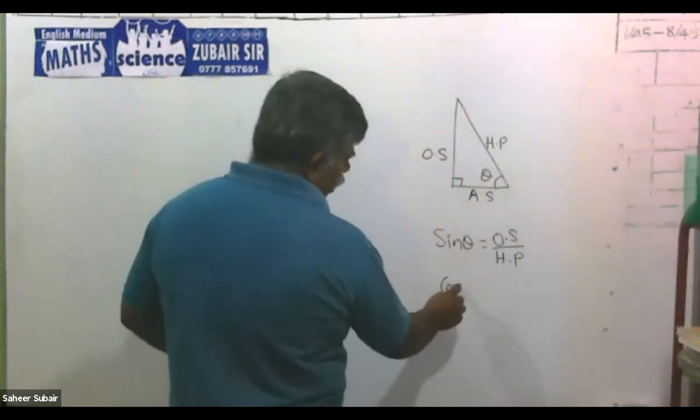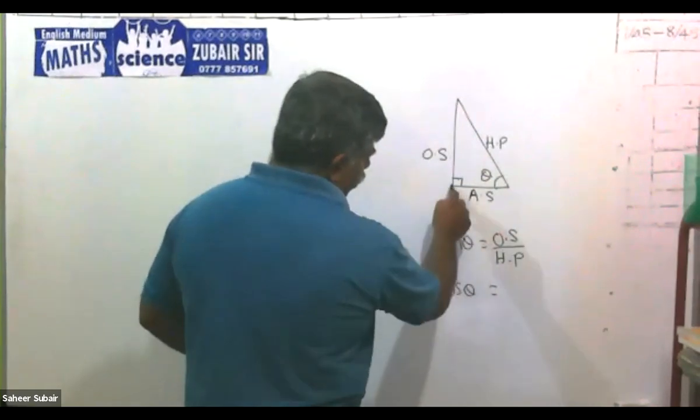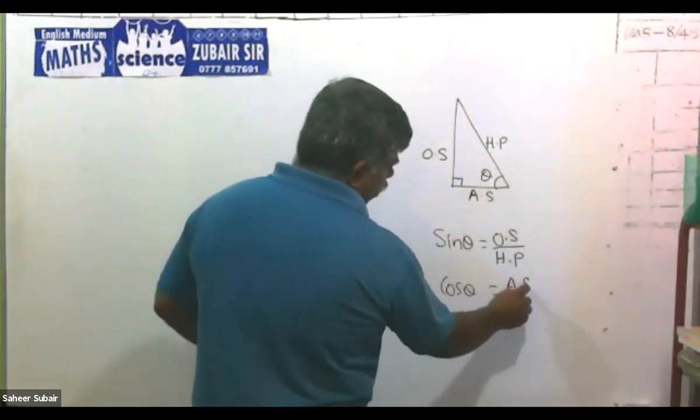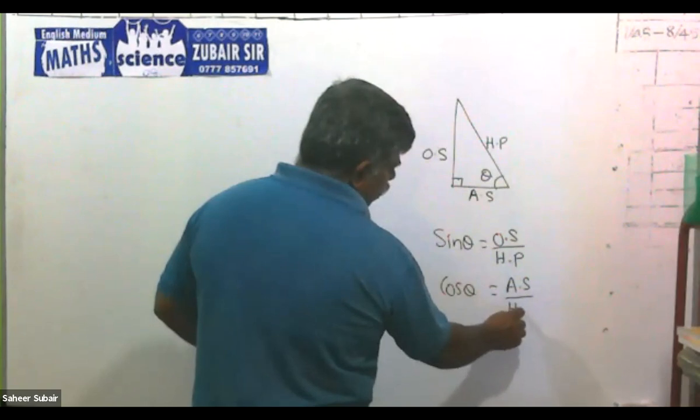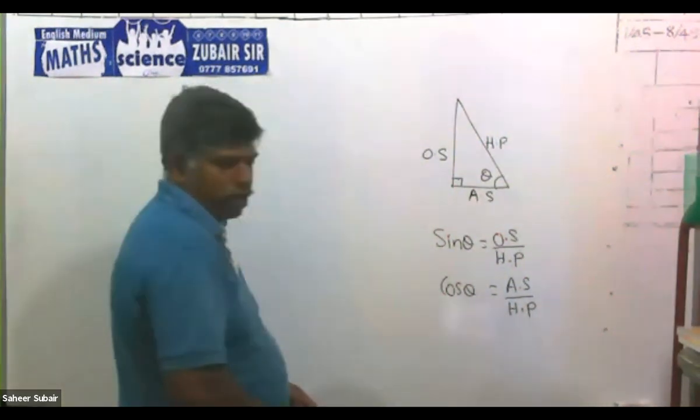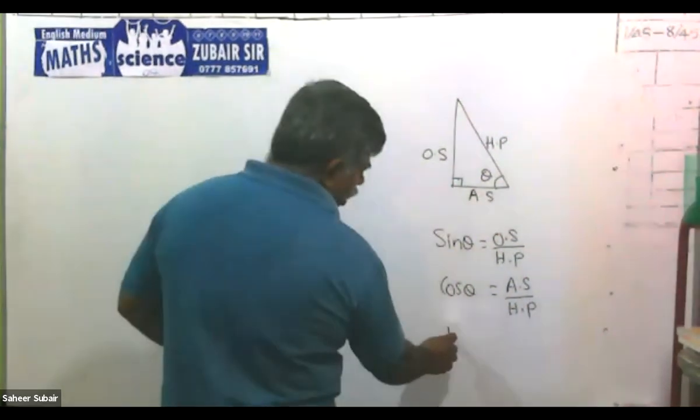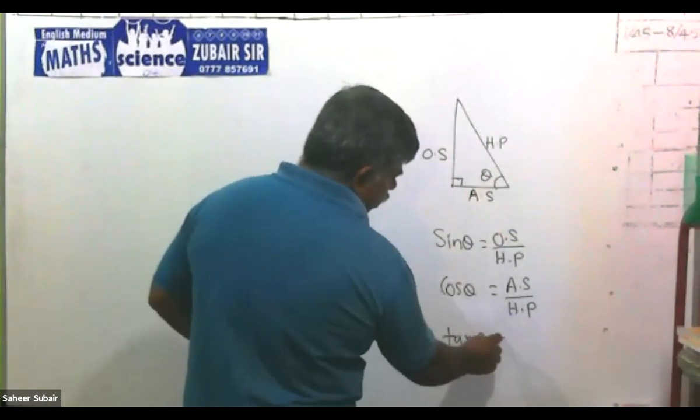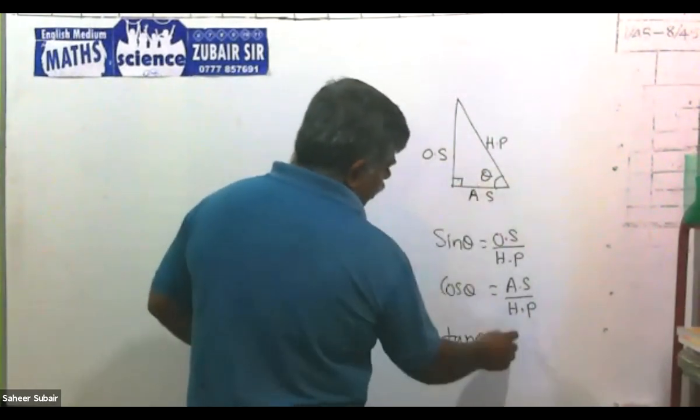Then what is cos theta? The ratio between the adjacent side and hypotenuse. This is cos theta. Then tan theta means the relation between the opposite and adjacent.